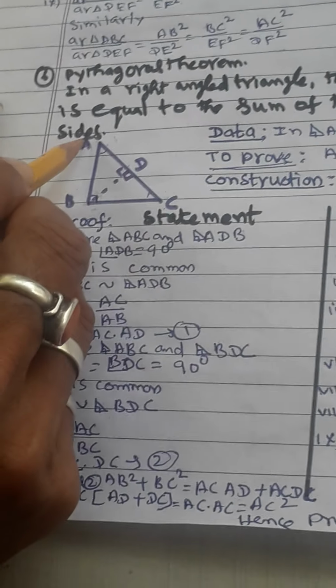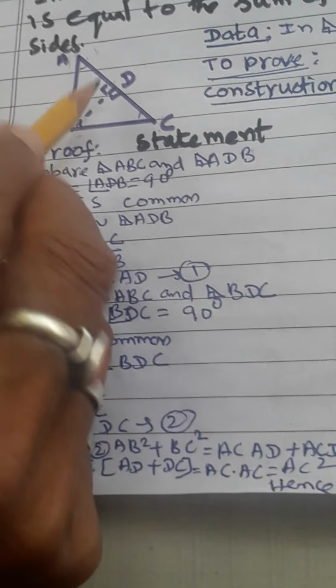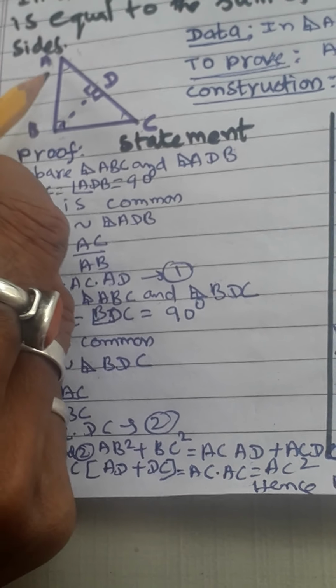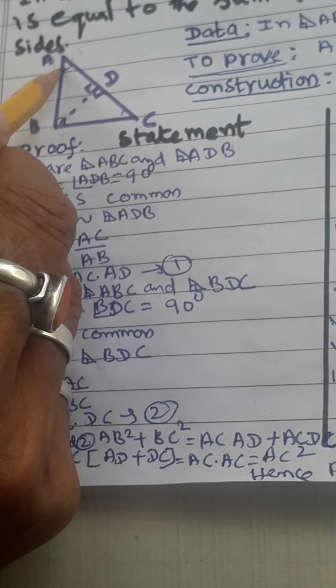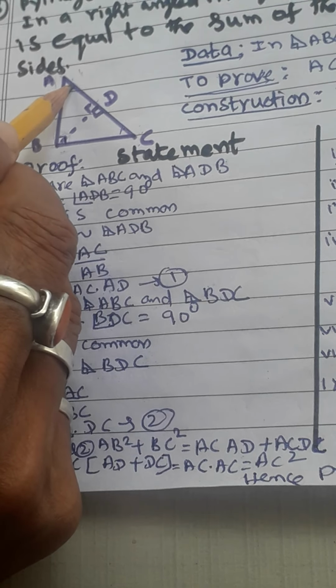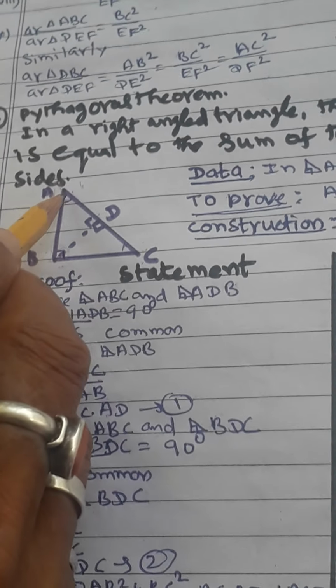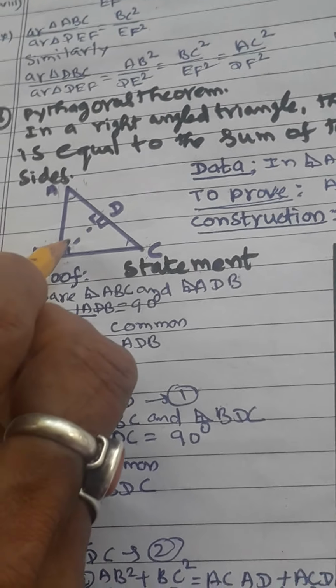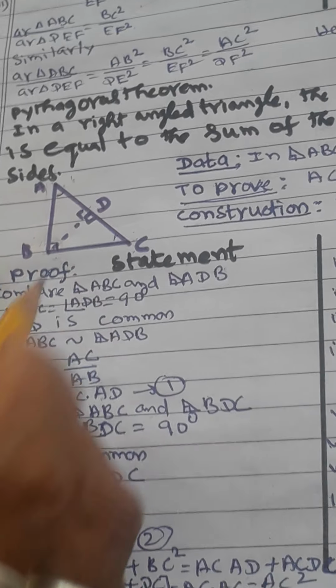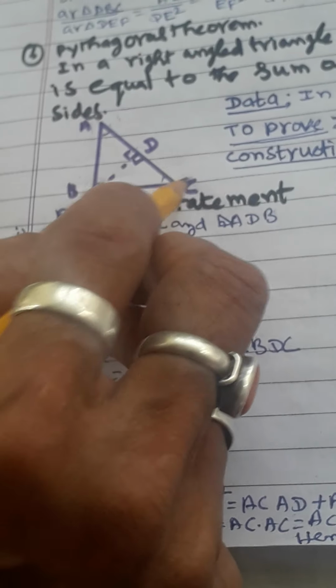Then angle A is a common angle, angle BAD, so the third angle will also be equal. So we can say triangles ABD and ABC are similar, that means equiangular triangles.